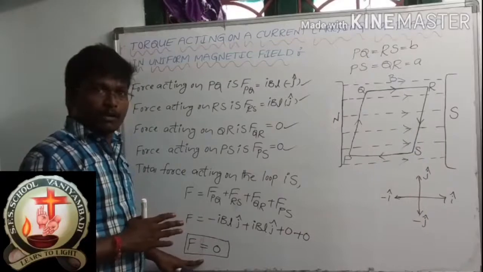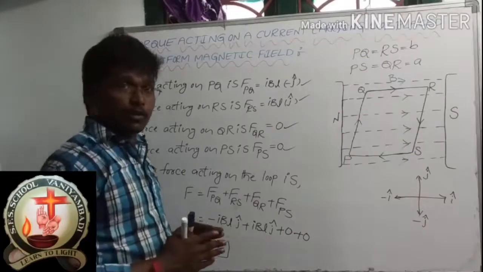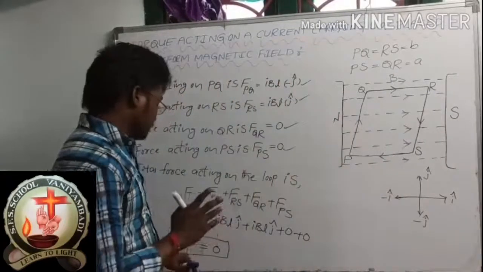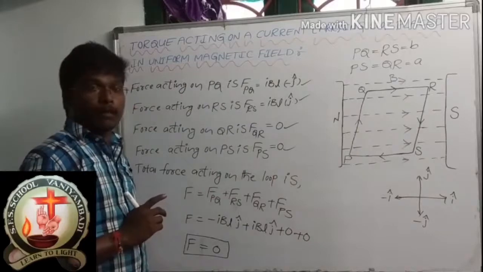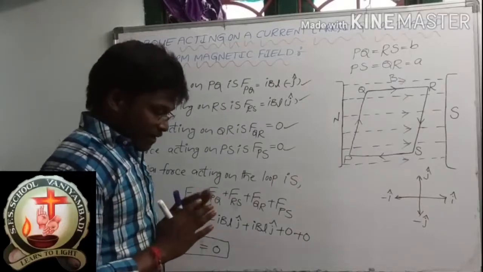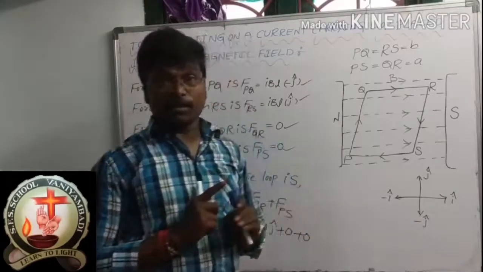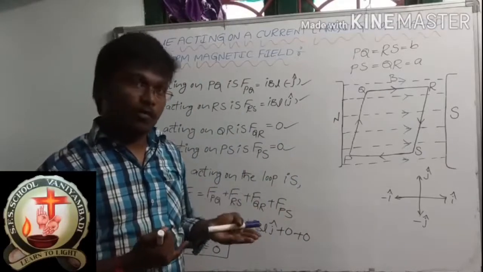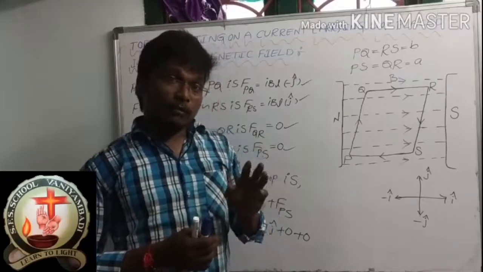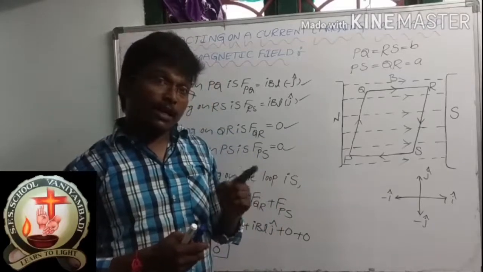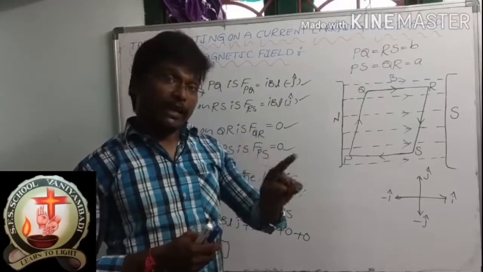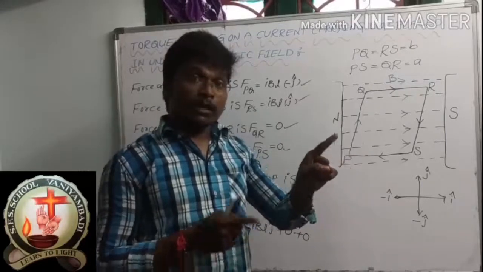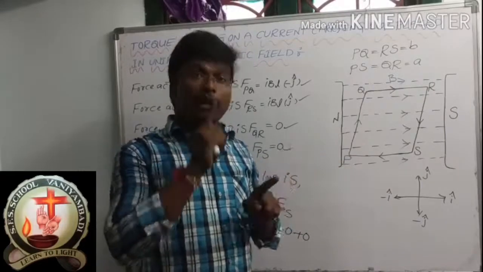Okay. So here what we found, total force acting on the current carrying loop PQRS is 0. As I told you already in the previous classes, in the first chapter, electrostatics itself, whenever the total force acting on the current carrying loop is 0, two forces will be considered as a couple.